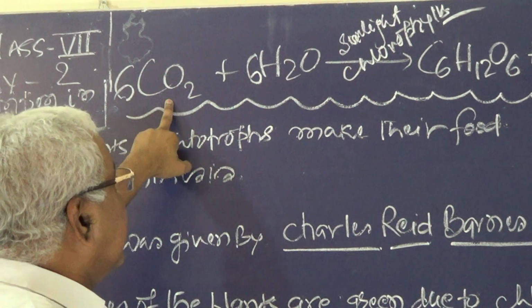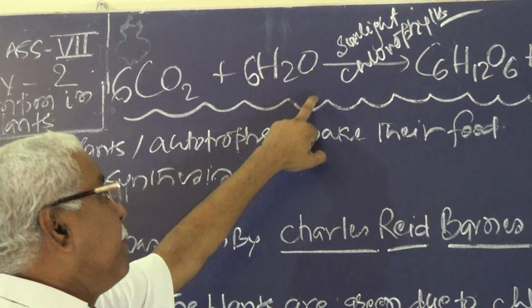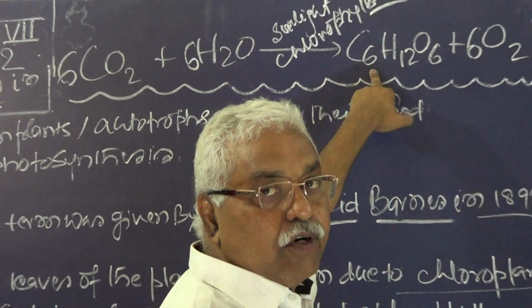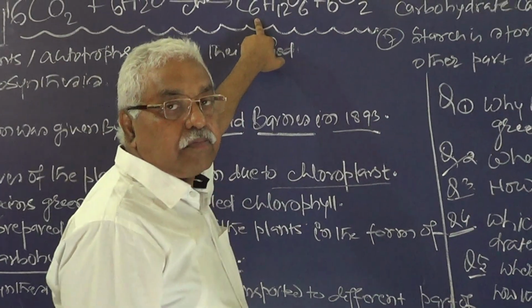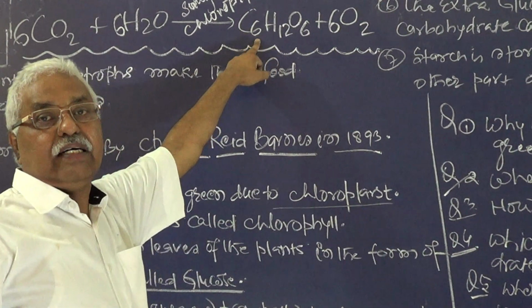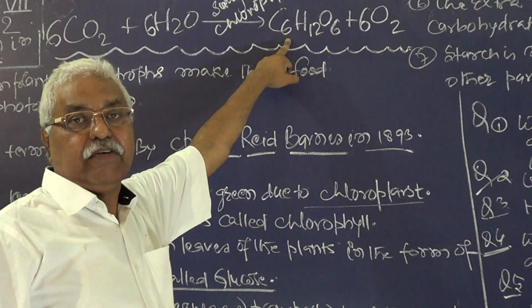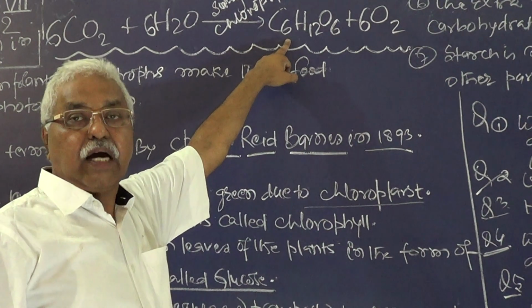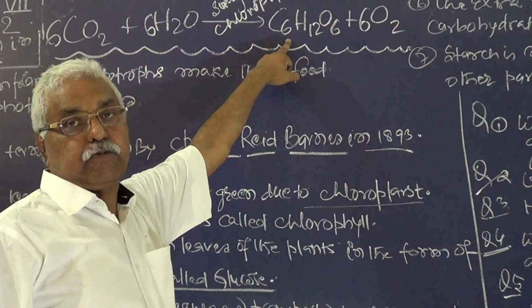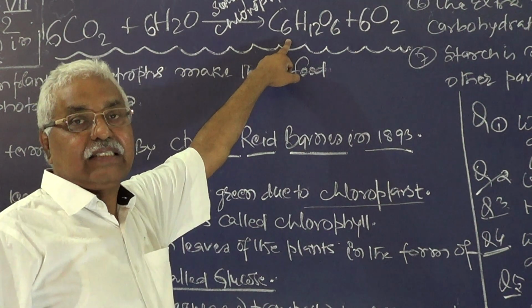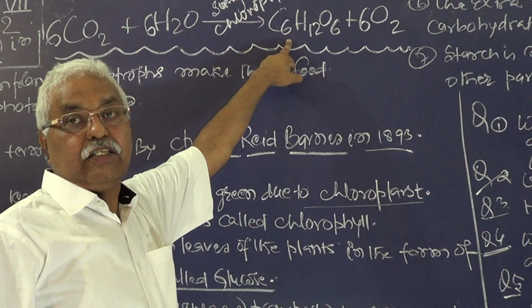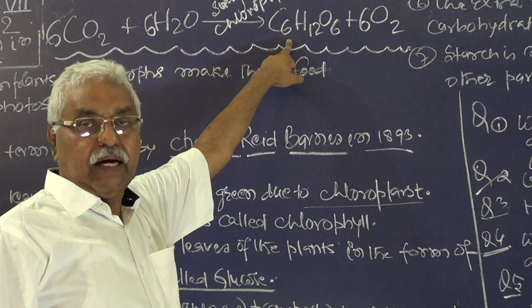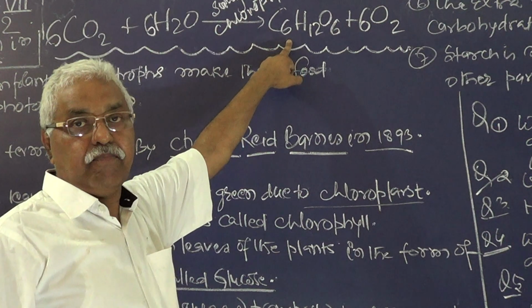This is your reaction of photosynthesis: how the plants prepare their food, glucose, by using carbon dioxide and water. This glucose is taken by the leaves, it is a simple carbohydrate, and it is synthesized into sucrose and transported to different parts of the plant by the phloem.